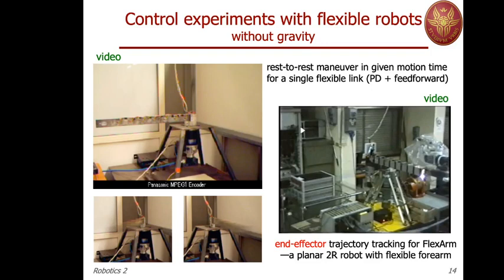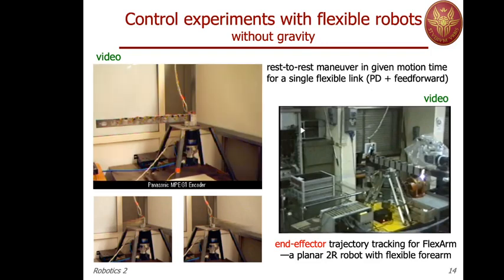And the task here was moving this flexible link from rest to rest without caring about intermediate deformation, so it's really a regulation task, but reaching the final new equilibrium with the undeformed link in a fixed amount of time, in this case 1 second. Okay?